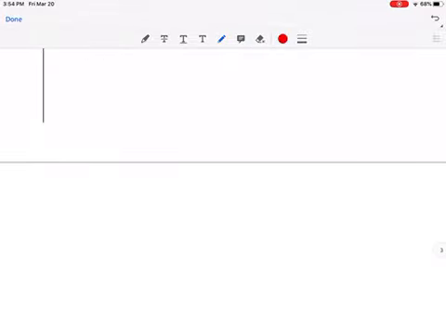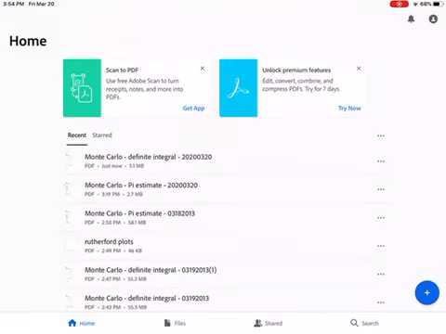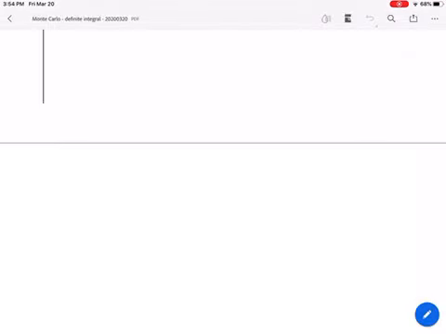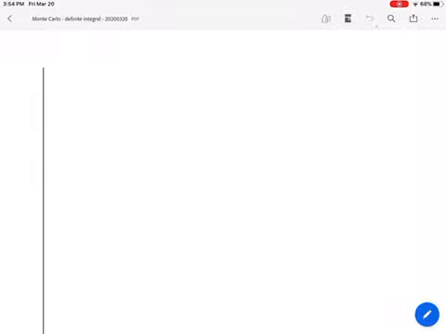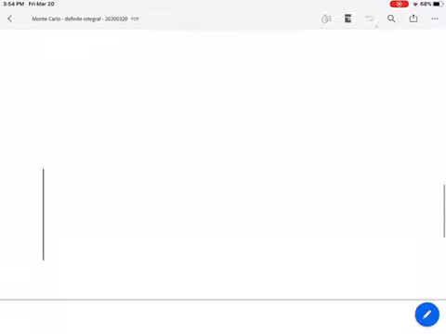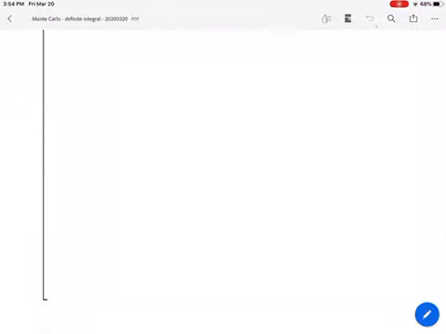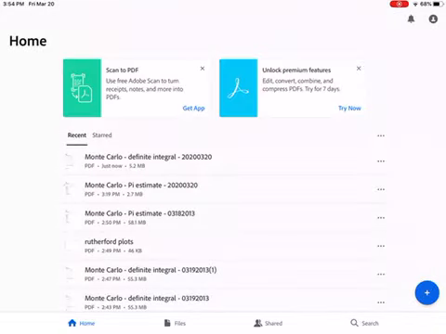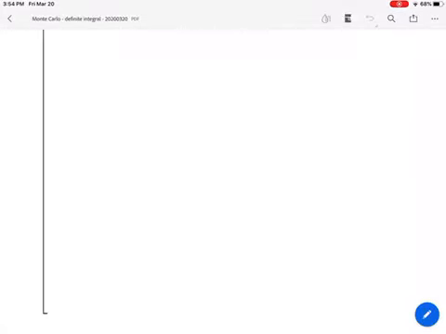Okay, so that's the code, and let me see if I can show you the actual result of the simulation. Let's see if this loads. There should be a plot here that shows you the exact function and the hits and the misses.